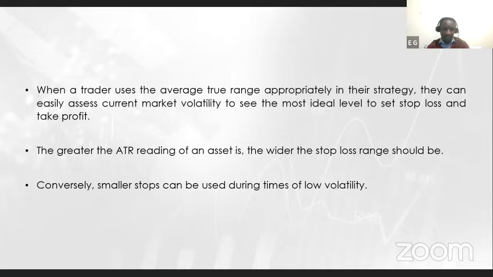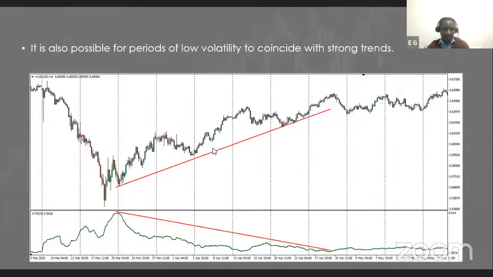With a greater ATR reading of an asset, the wider the stop loss range. And conversely, when you have a smaller ATR reading, then you can set narrow stop loss and take profit for your trades.